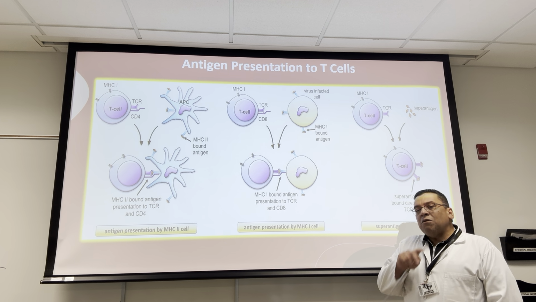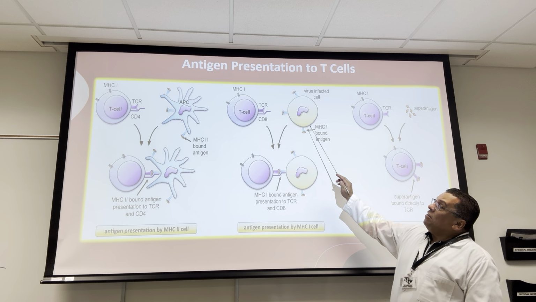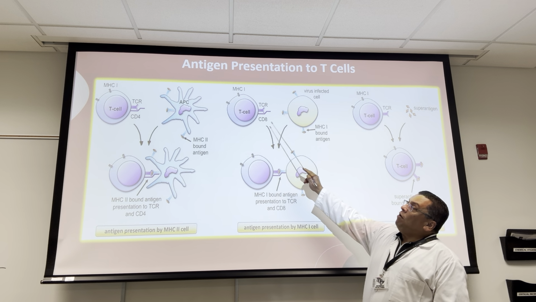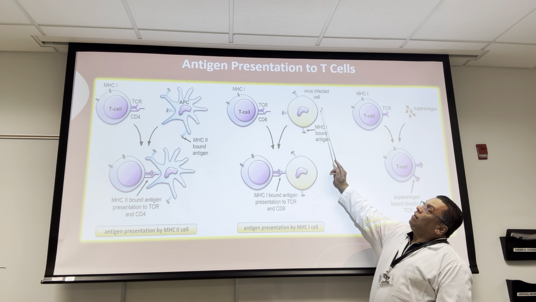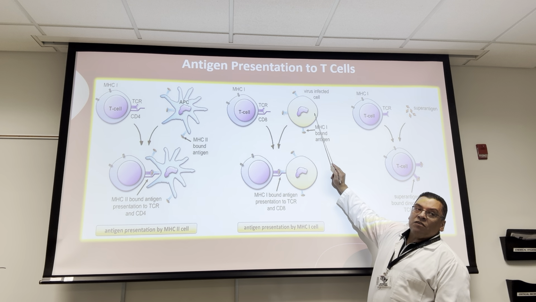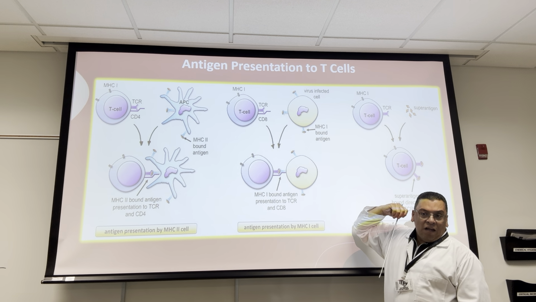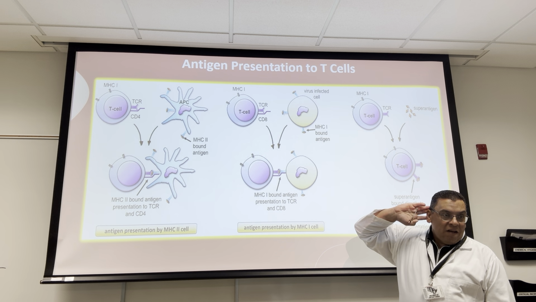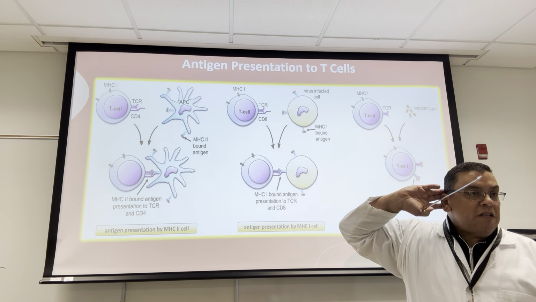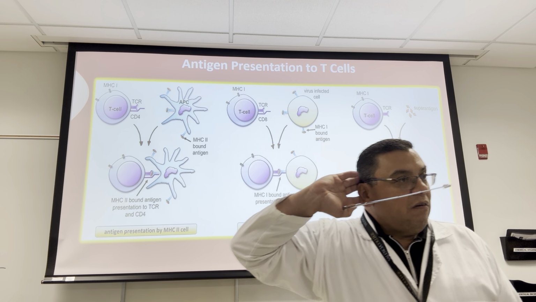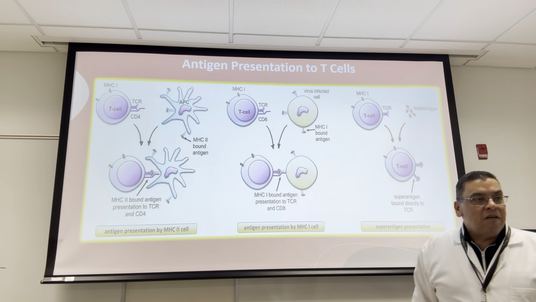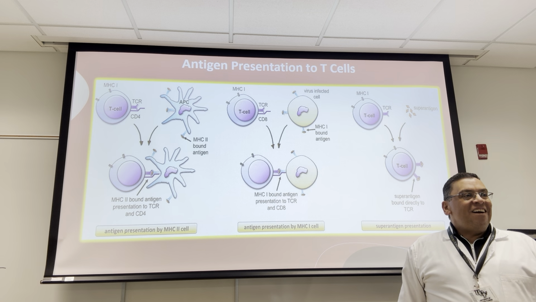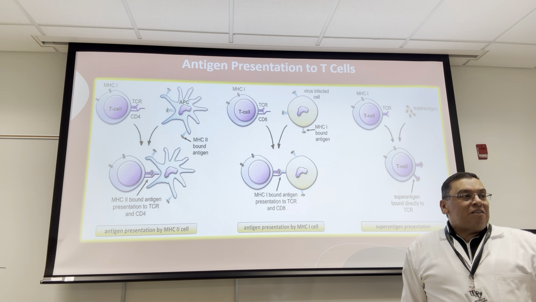I'm going to ask you a question. While it's doing this, and before it presents the antigen, it's releasing something to help protect the other cells. What would that be? It's a second line of defense mechanism. Yeah, it's the alert.